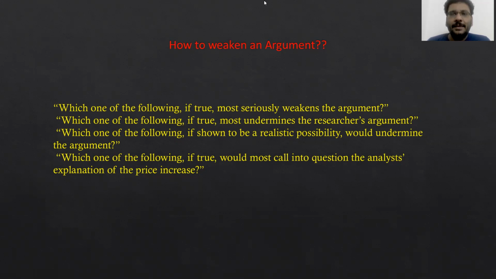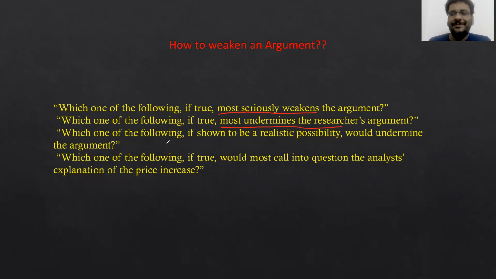Remember, the key aspect here is the words being used: most seriously weakens the argument. Look at the next question. Which one of the following, if true, most undermines the researcher's argument? So undermine is another word which is used by the author.